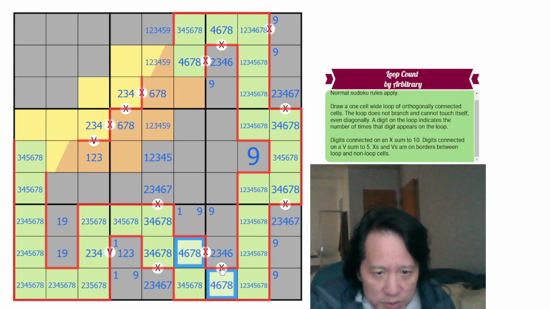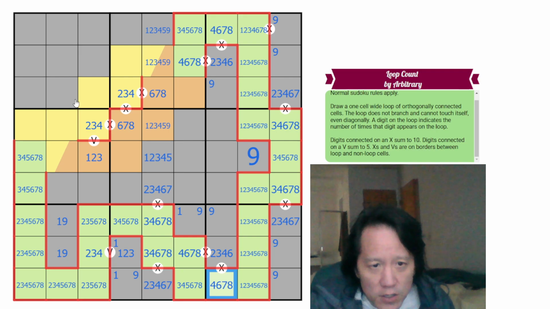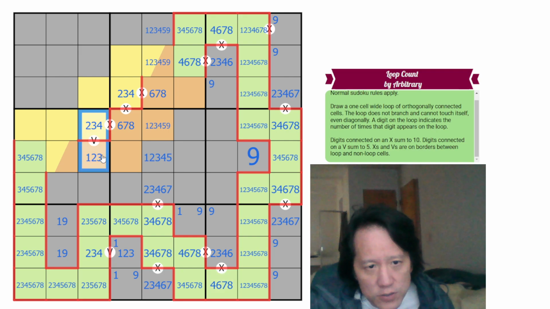Then this becomes 2, 3 with 7 or 8, because it can't be 4, 1 anymore. But if this is 1, 4, this is 2, 3, which means this is 4, 6. Oh, so that's interesting.